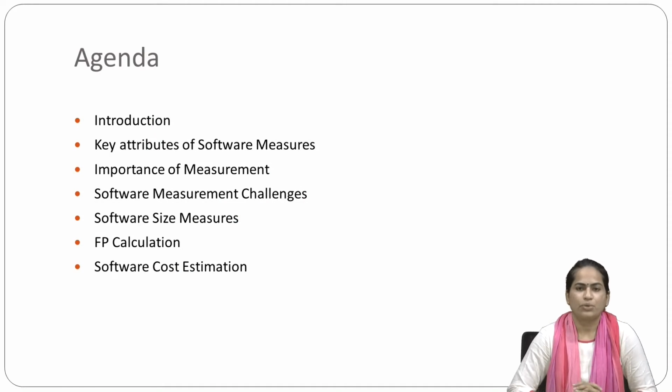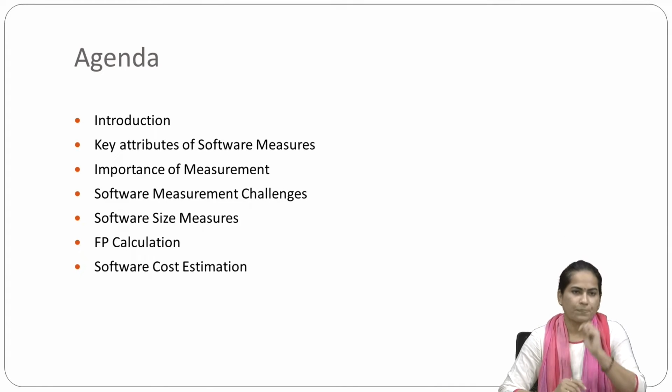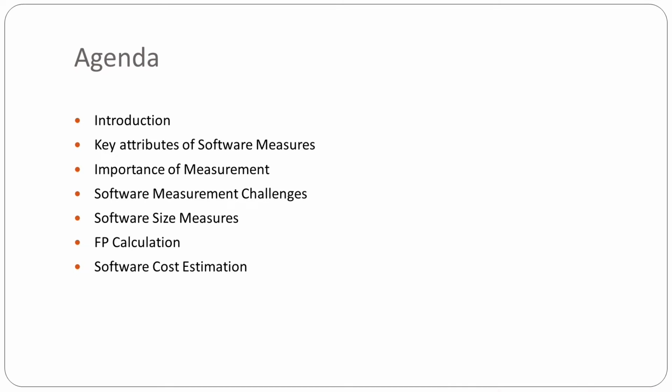In today's lecture, our agenda is: first the introduction, then key attributes of software measures, then importance of measurement, then software measurement challenges, then software size measures, FP calculation and software cost estimation. Dear learners, this is the agenda of this whole unit.